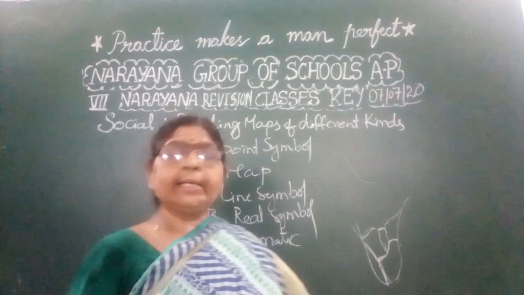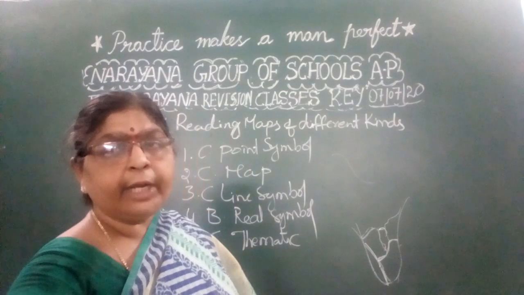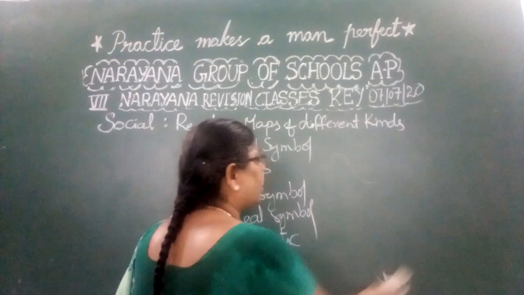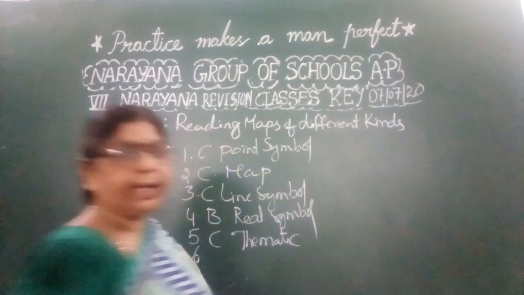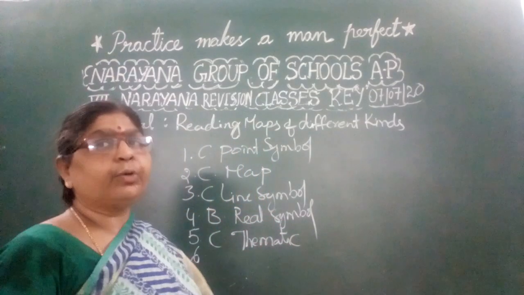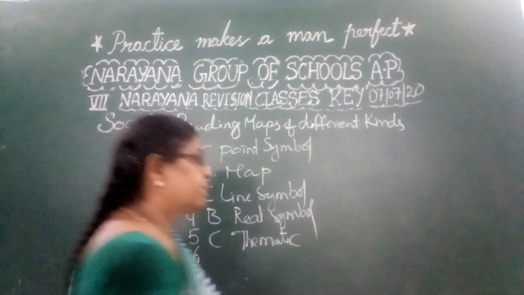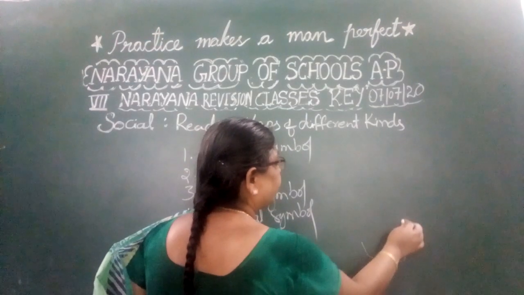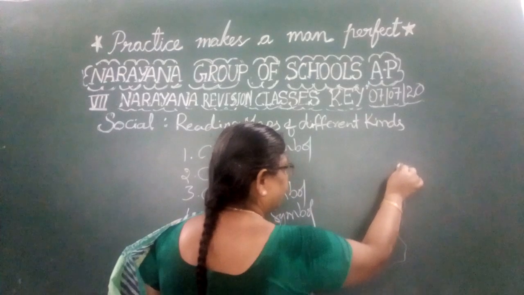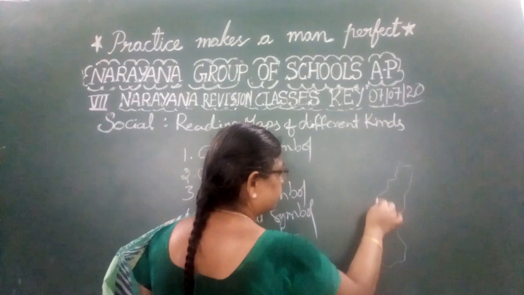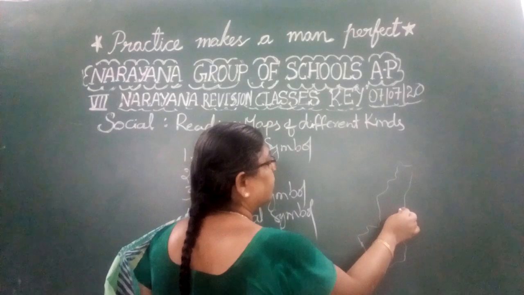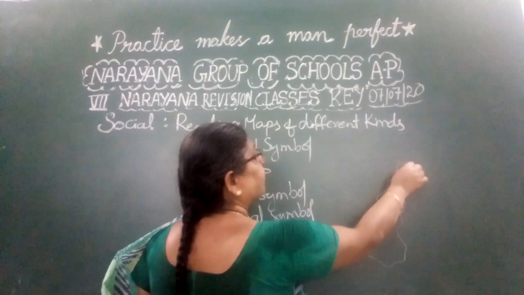Now children, to understand the directions, we need to understand what the cardinal points are, and they are very, very important. Based upon that, to know the directions, they have asked a question. If you see the Andhra Pradesh map, you will find Vijayawada here and Visakhapatnam here.